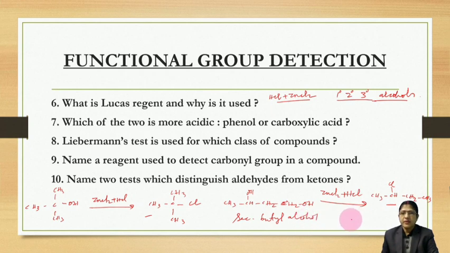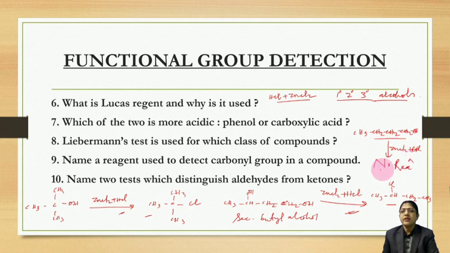Then this turbidity appears after some time, after heating. Here, heating is not required. But if you treat primary alcohols, CH3CH2CH2CH2OH, this is n-butyl alcohol, with ZnCl2 plus HCl, here no reaction, right?